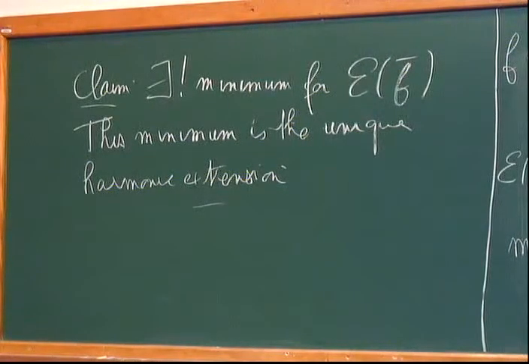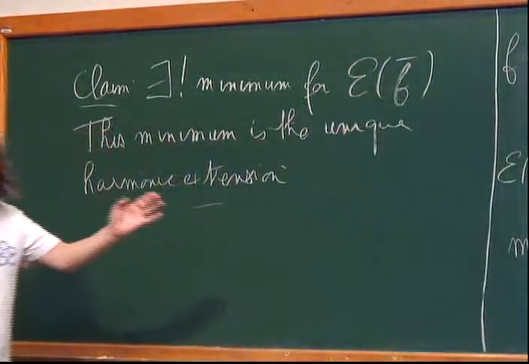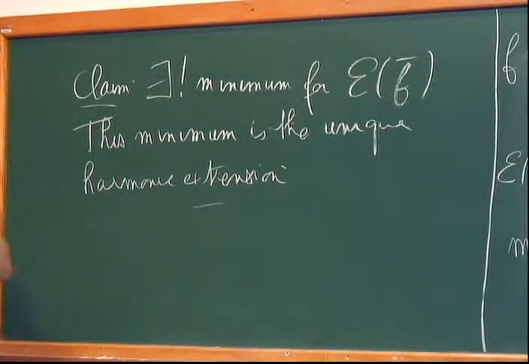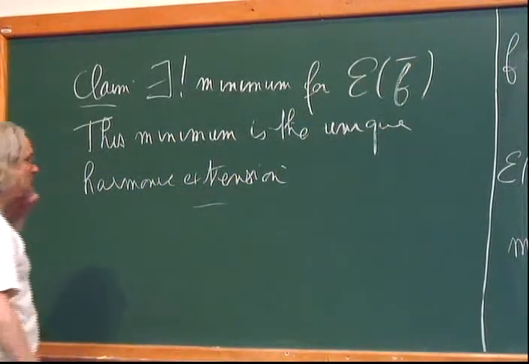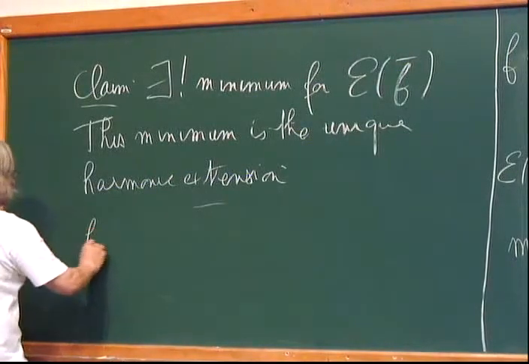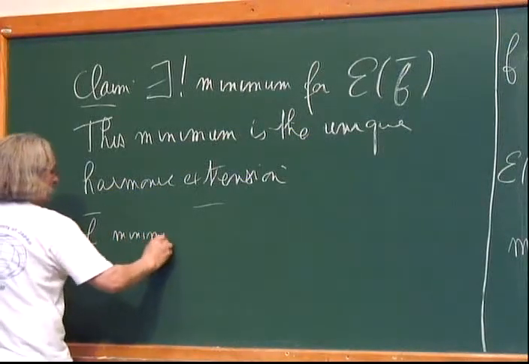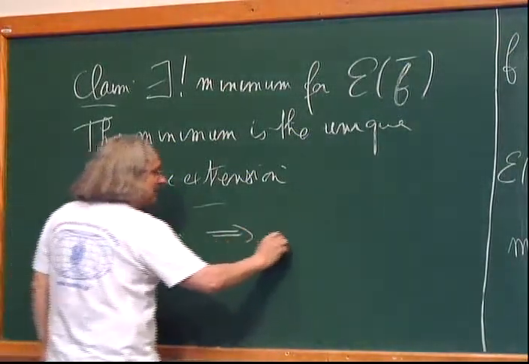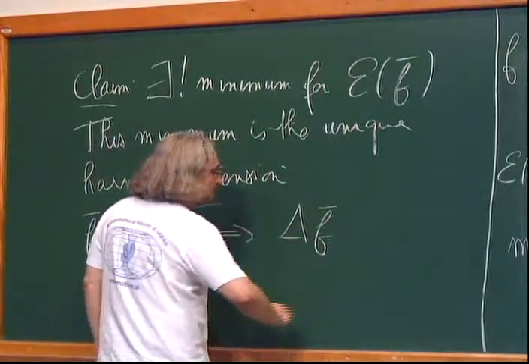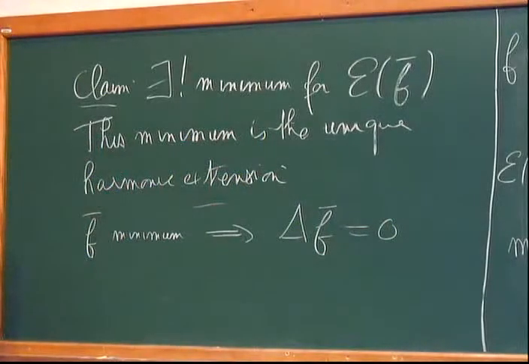So he makes this mistake, but he's right when he says that if there is a minimum, this minimum is indeed a harmonic function. So let me prove that, and that's very easy to do. If f bar is a minimum, let me show that this implies that the Laplacian is 0, that is, the extension is indeed harmonic.